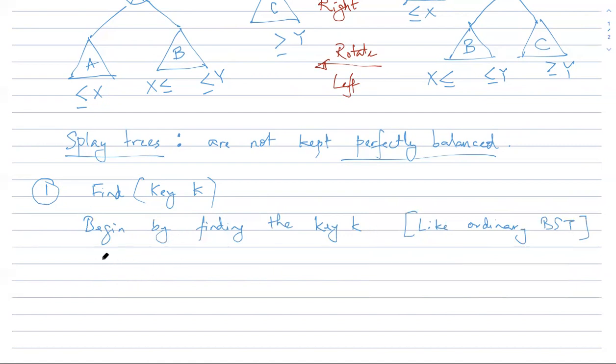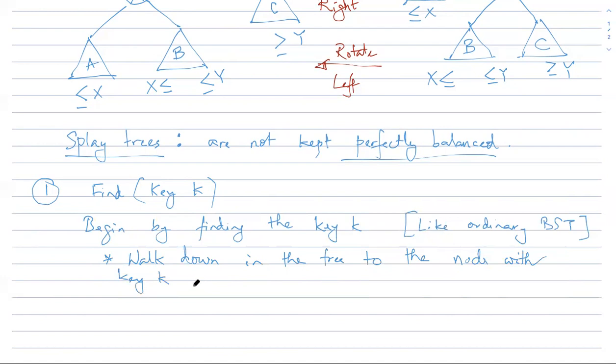So after you have done that, that's when the magic of splay comes in. You walk down in the tree to the node with key k.